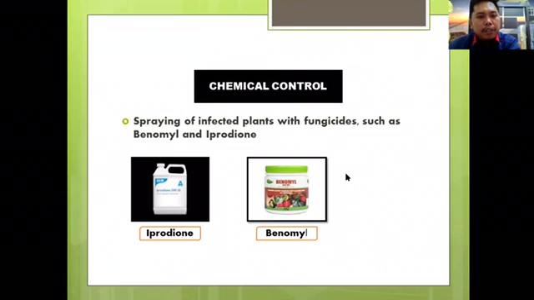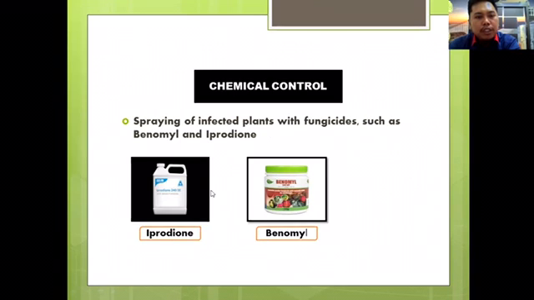Now, I will explain about the chemical control of the disease. First, you must spray the affected plants with fungicide such as Benomyl and Iprodione. This picture is Iprodione and this picture is Benomyl.